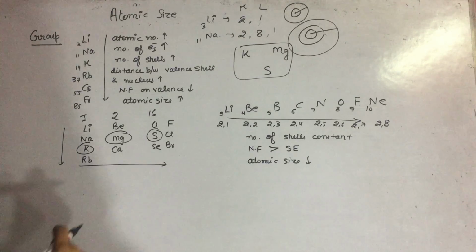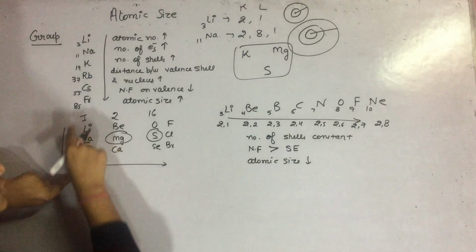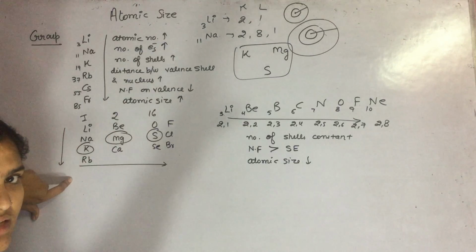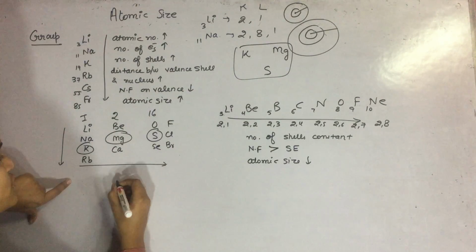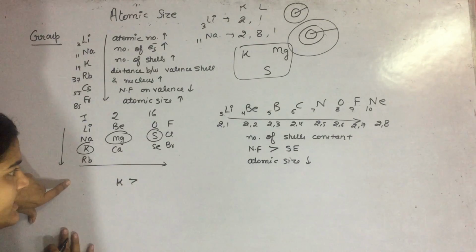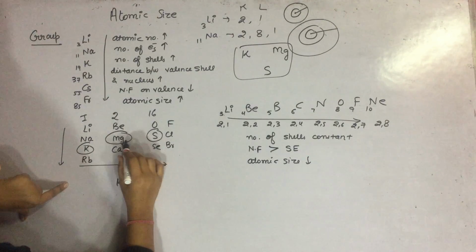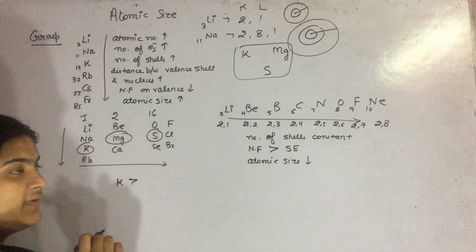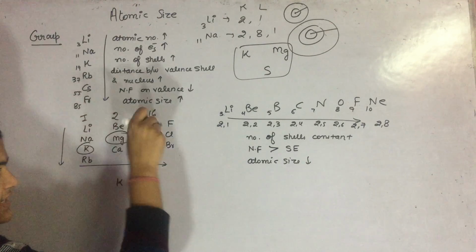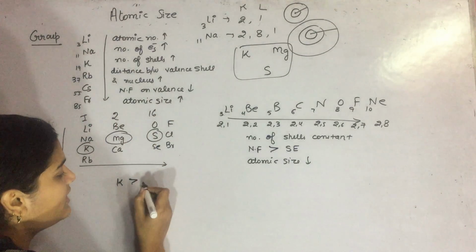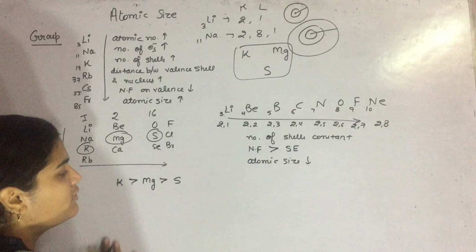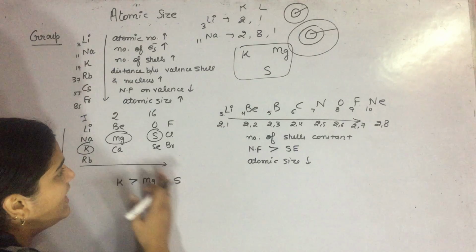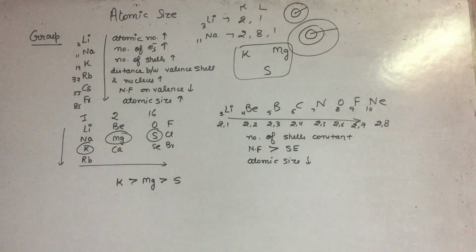So the 1st group has the largest size among these, so potassium has the largest size. Then between magnesium and sulfur, because atomic size decreases over a period, magnesium has more size as compared to sulfur because sulfur is farther along the period.